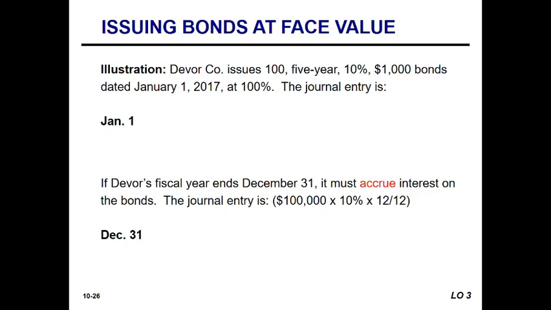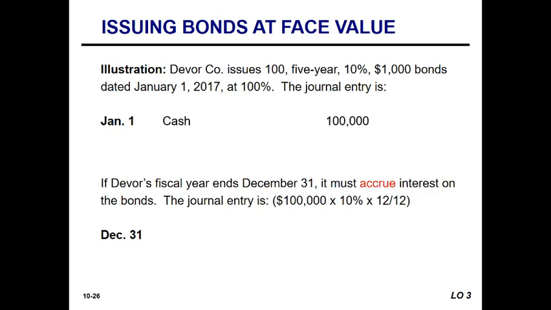They're issued at 100%, which means that the person who purchases it is paying the organization that issues it $1,000. So they are going to receive $1,000 in cash, 100% of face value. So they have a debit, an increase to their cash of $100,000. That is 100 times 1,000.